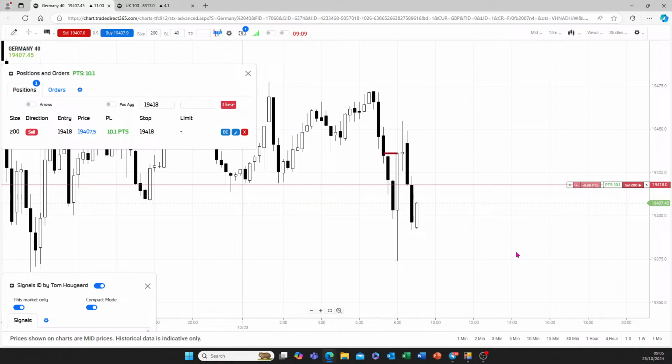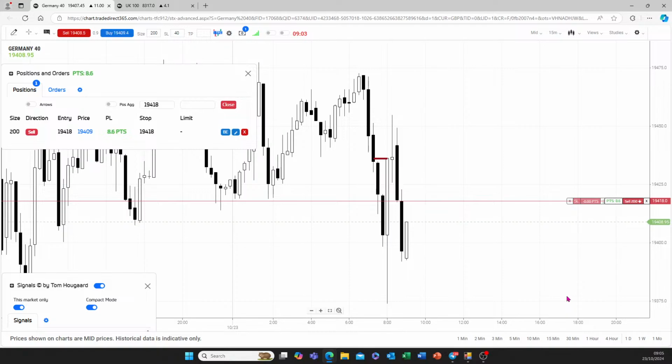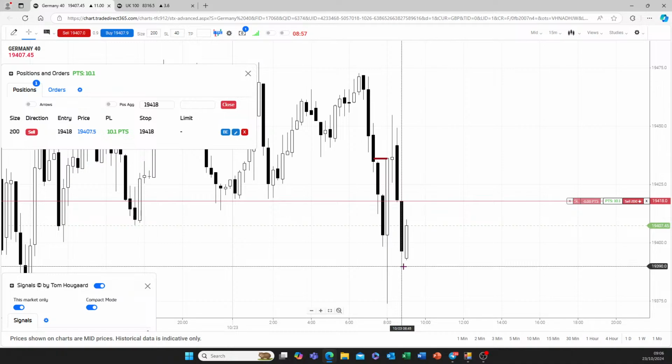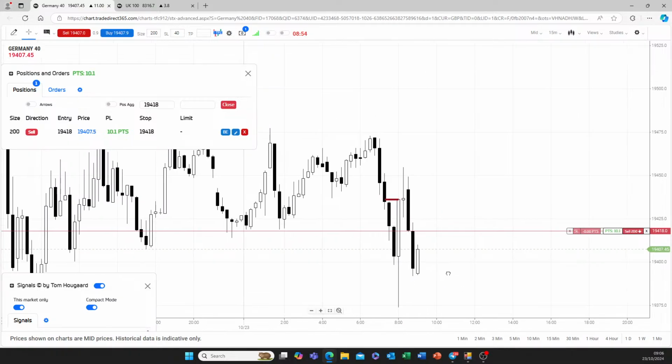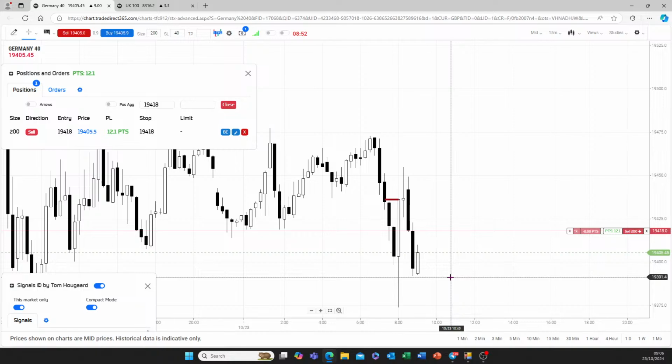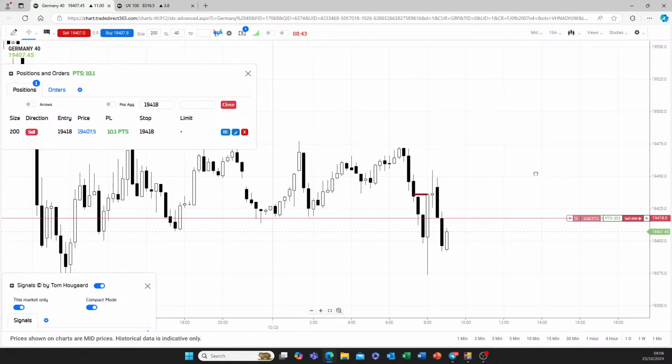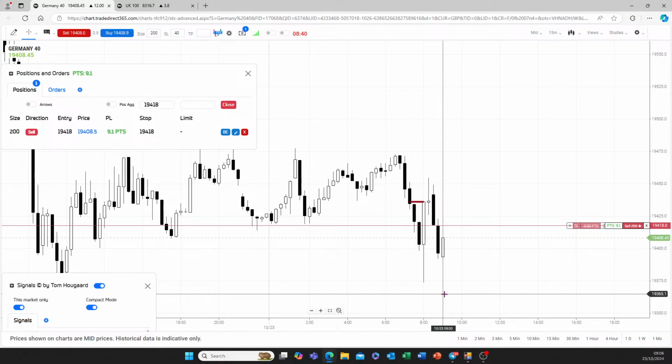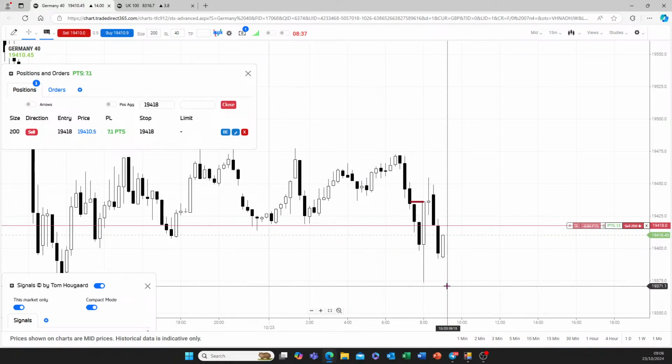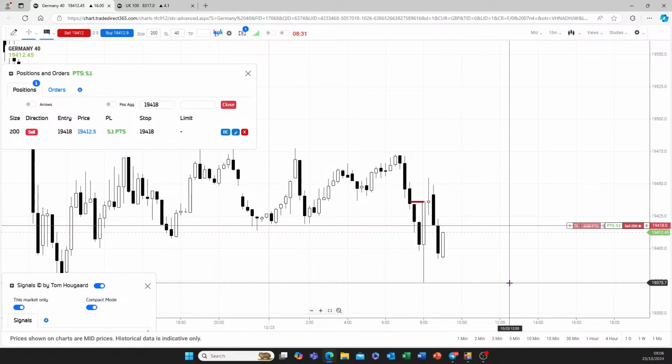So I may get stopped out now. I have 10 points in profit. I may get stopped out for nothing. And then this session is going to be the session where, why didn't you close the DAX when you had an opportunity to? You could have made back what you lost. But I think I did the right thing. I moved my stop loss to break even.